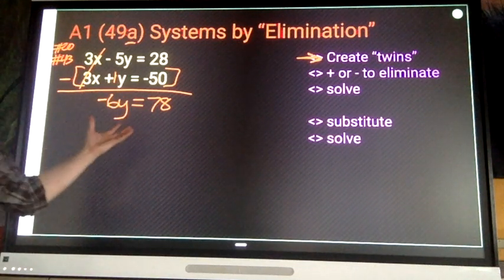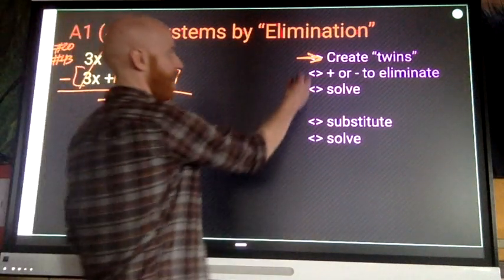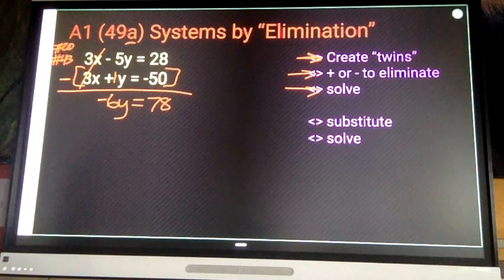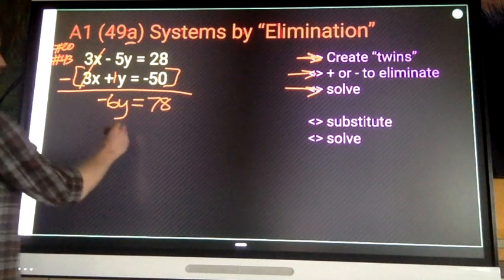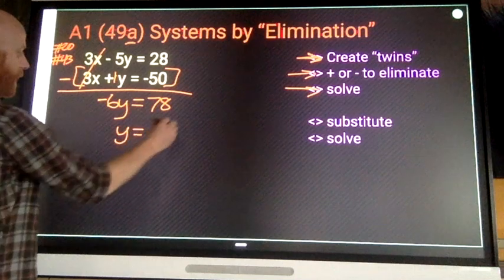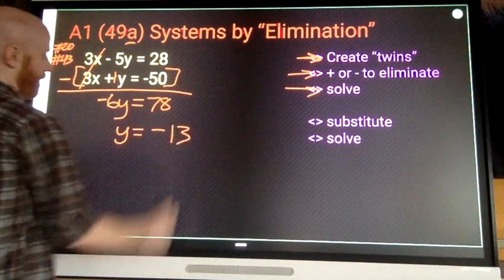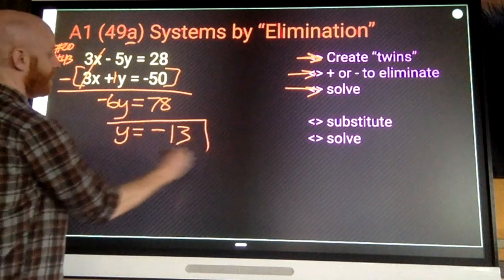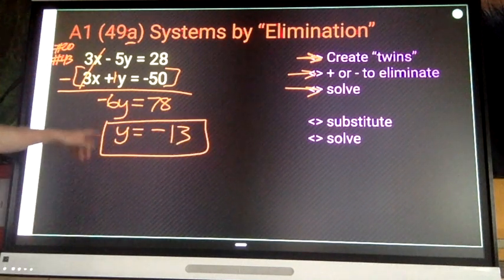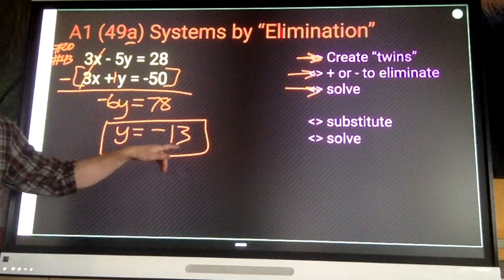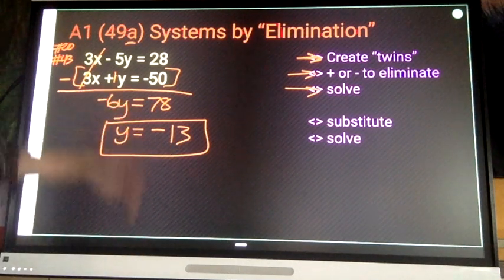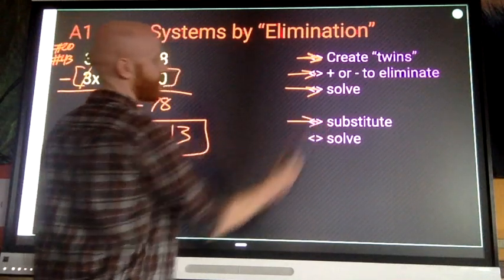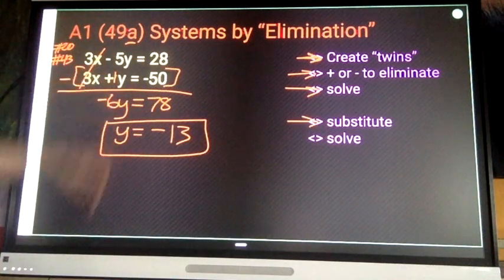And then from there, you already know how to solve for y. So divide both sides by negative 6, and you'll get y equals negative 13. Now, are you done? No. Same as before, we want to find an x and a y value. So, two more steps. Now that I know what y is, I'm going to substitute the value for y into one of these two equations.